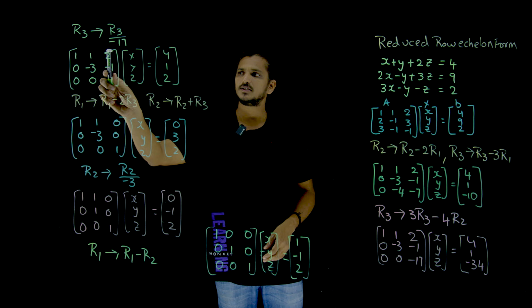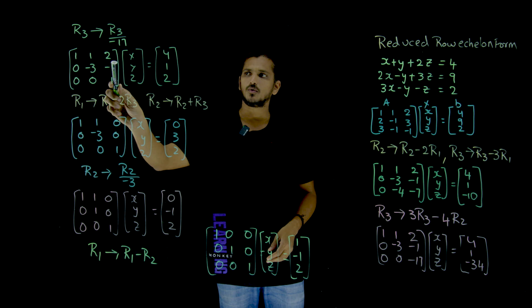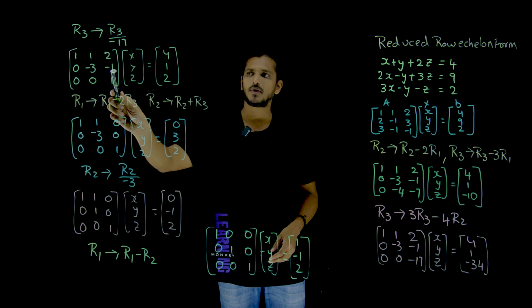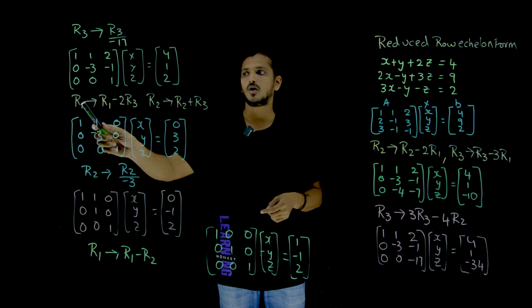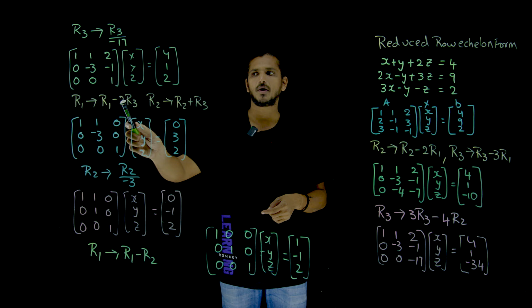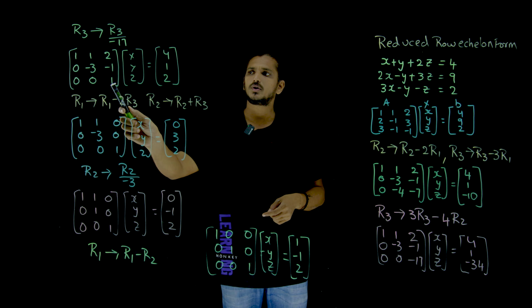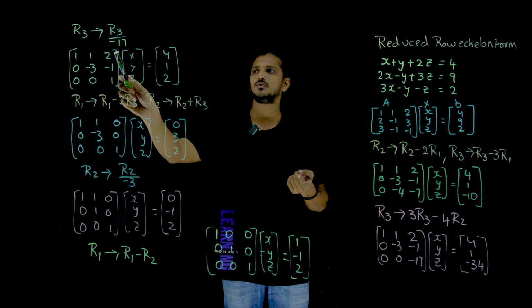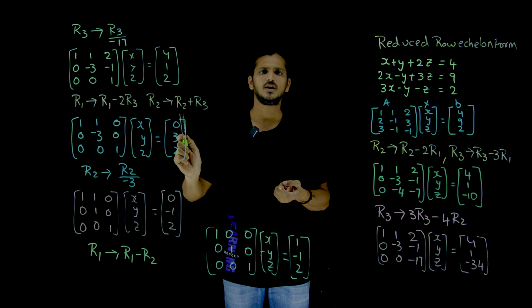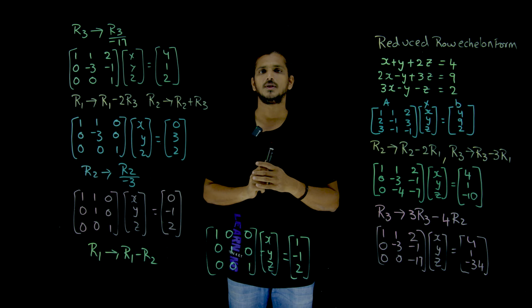Now, in order to make the upper triangle terms 2 and minus 1 as 0, these are the row operations we are going to follow. Row 1 equals row 1 minus 2 times row 3. You are going to get 0.